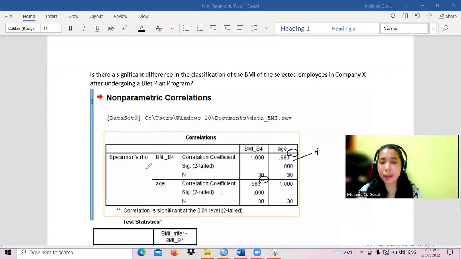Of course, BMI and age is just the same as age and BMI. So later, if you will be presenting this, it's okay to delete some parts. For example, you can delete the first column and just retain the BMI and age, and you can also delete the second row.